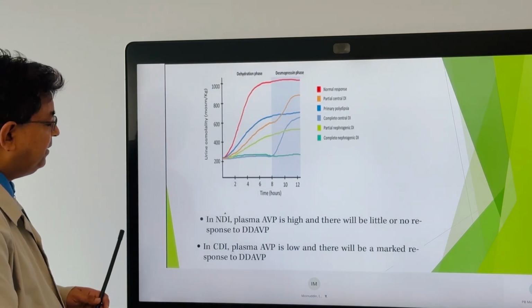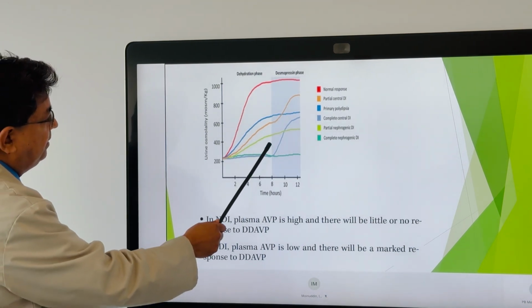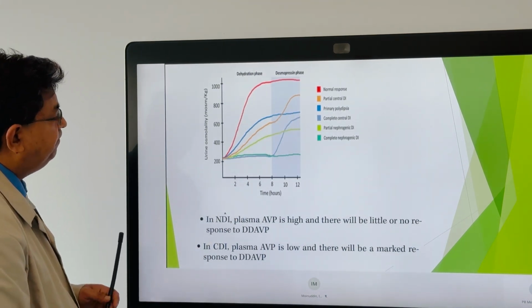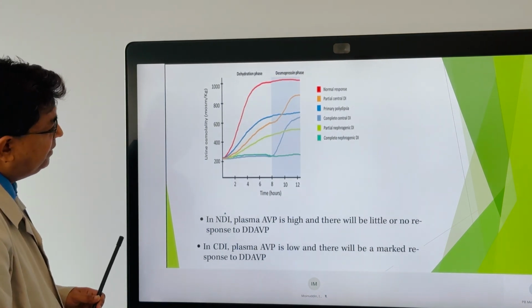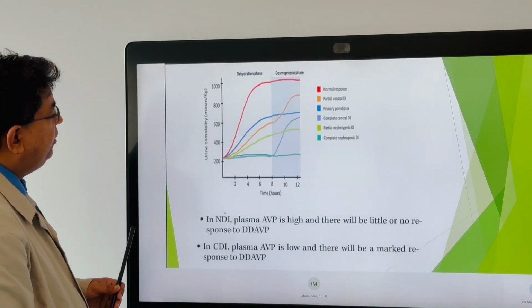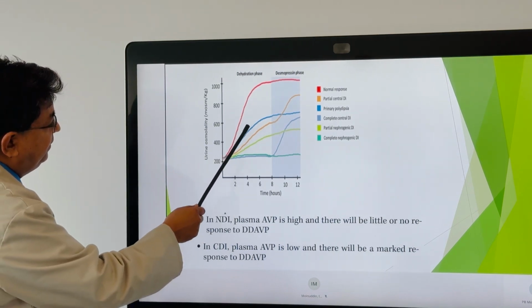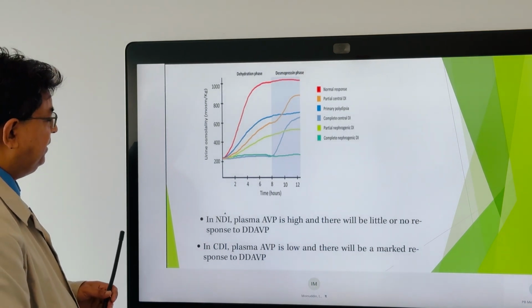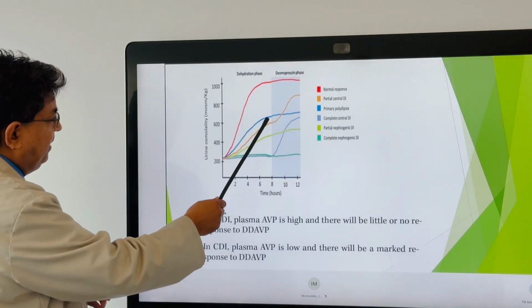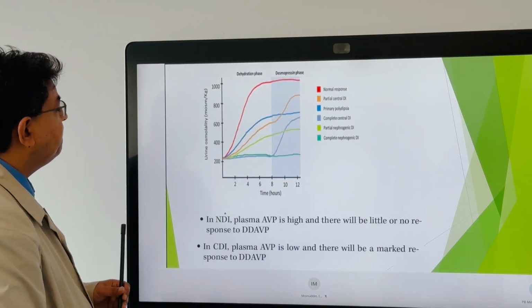Once desmopressin is administered, the urine osmolality improves markedly. In partial central diabetes insipidus, the urine osmolality improves a little bit during the dehydration phase, and then once the desmopressin is administered, the urine osmolality improves even more.